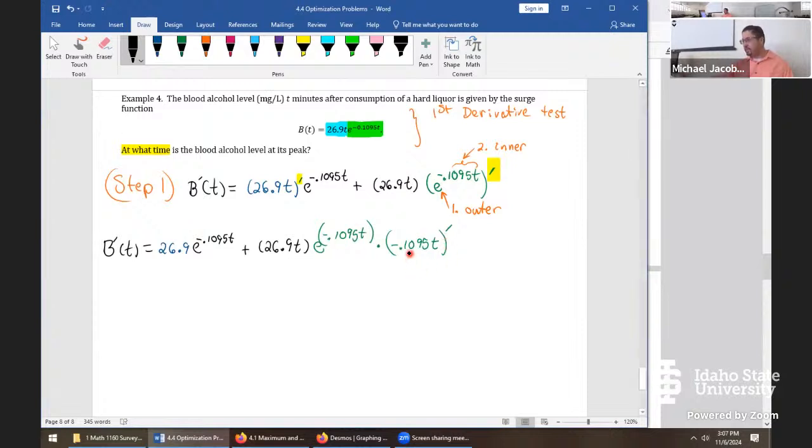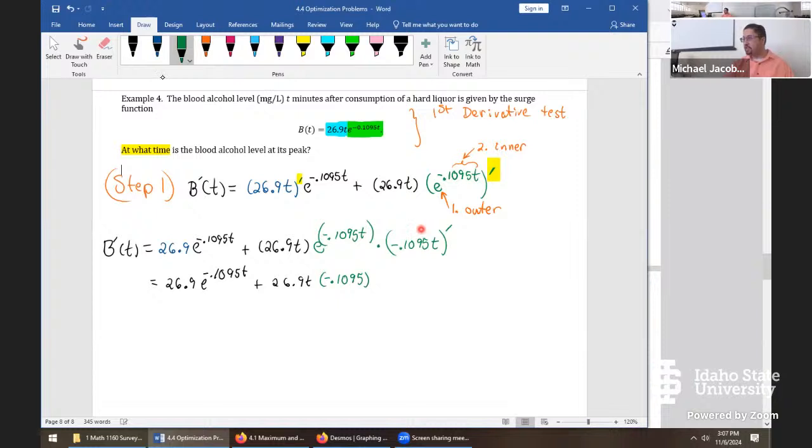Here, when we take this derivative, it's just a negative 0.1095, which will multiply the 26.9. So our next step is that b prime of t equals 26.9 e to the power negative 0.1095t plus 26.9t, it's being multiplied by this constant, negative 0.1095.